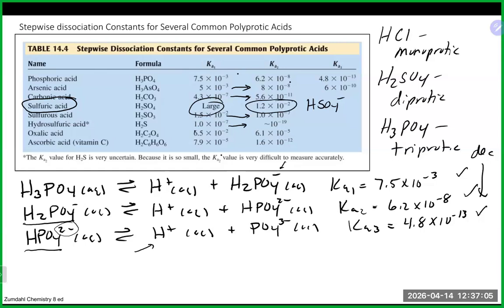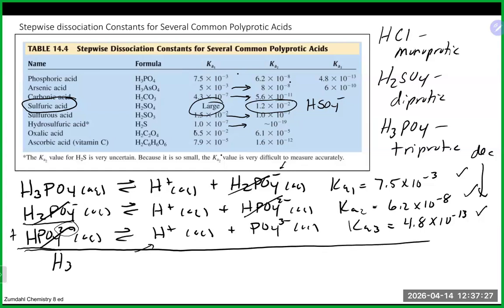Now, again, it does come off in a stepwise fashion. In the earlier class, you might have just thought they all drop off because, maybe like Chem 50, you were just looking at the overall reaction. So if we were to add all these together, this and this would cancel, this and this would cancel, and you're left with H3PO4 goes to 3 hydrogens and a phosphate.